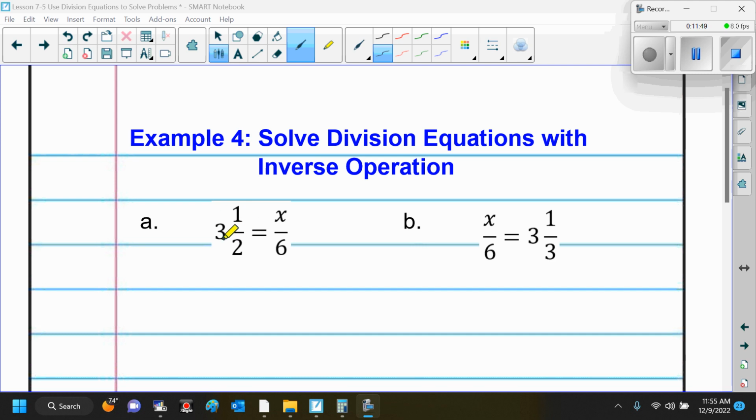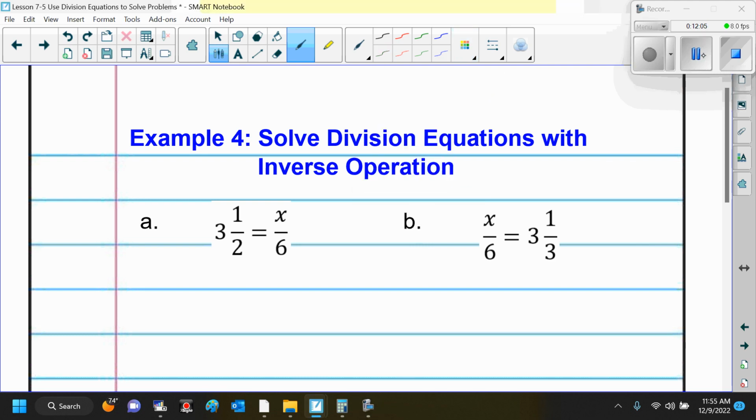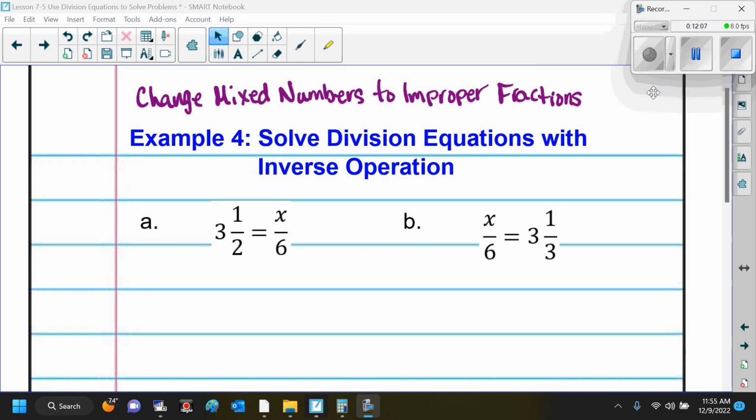Well, we don't need a reciprocal here, but can I do this multiplication without changing that mixed number? No. So for the mixed numbers, we want to make sure we change the mixed numbers to improper fractions. Okay? Write that down. So we're going to change the mixed numbers to improper fractions.